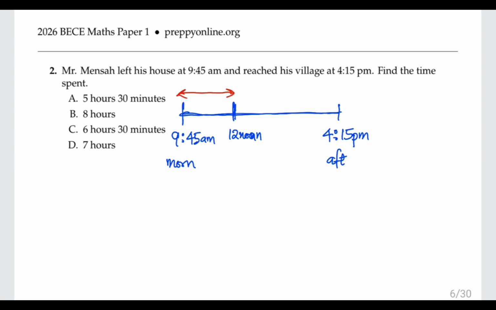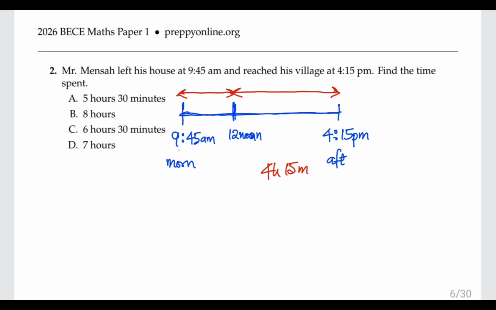So how much time did he spend on the journey before 12 o'clock, and then how much time did he spend after 12 o'clock? If we can get these two numbers, then if we add them together, we're going to get the total amount of time spent. Now, the time from 12 noon to 4:15 p.m. is 4 hours and 15 minutes. Why? Because 12 to 1 is 1 hour, 12 to 2 is 2 hours, 12 to 3 is 3 hours, and so on. So 12 to 4:15 is 4 hours, 15 minutes.